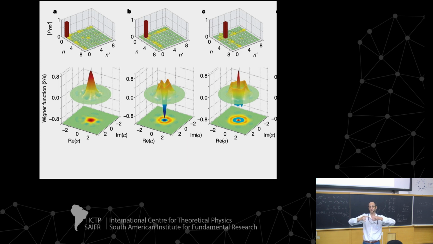Displacement is very easy. You just apply that horn and turn it for some time and displace your state. And you make a symmetric displacement and check the parity, and then around a given position you can map the Wigner function from the evaluation of the parity operator.